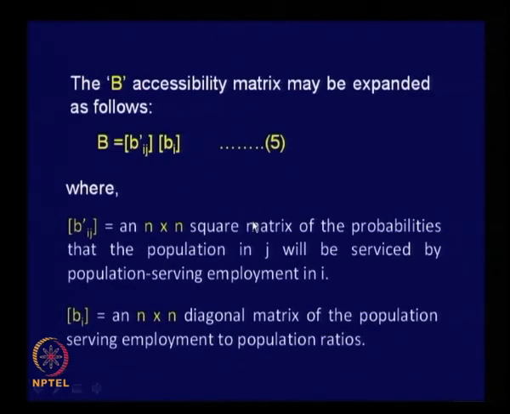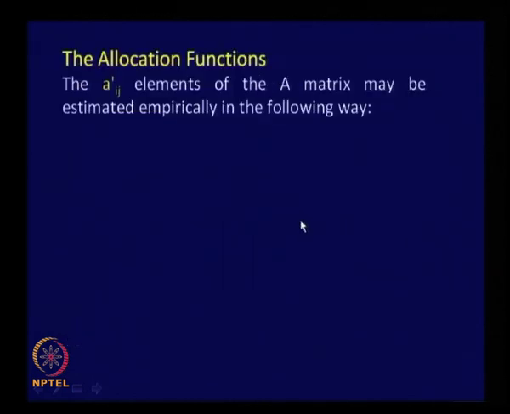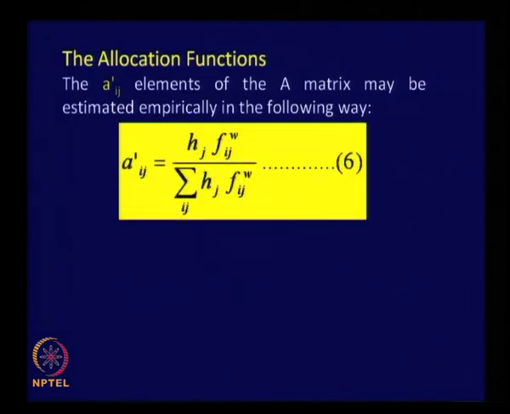So, how do we define it? It is an n by n square matrix of the probabilities of people living in one zone and working in another zone, and that is going to be related to the accessibility aspects. The A dash ij elements of the A matrix may be estimated empirically in the following way.